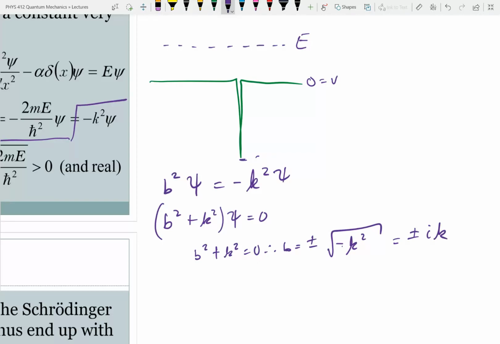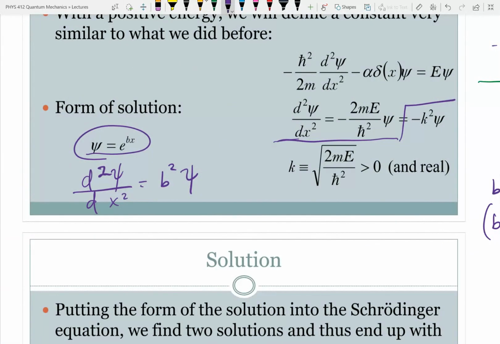Okay, so now we have two solutions. So our solution is going to be psi is equal to A e to the ikx plus B e to the minus ikx. That'll be psi on the left side and psi on the right side.